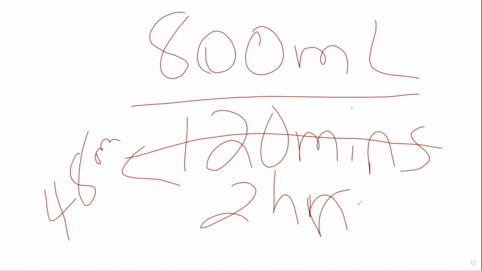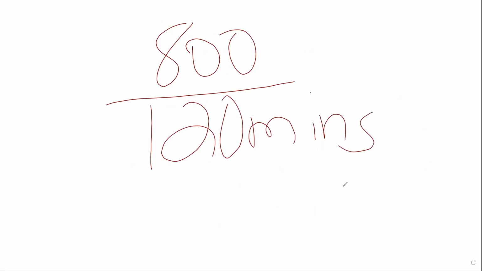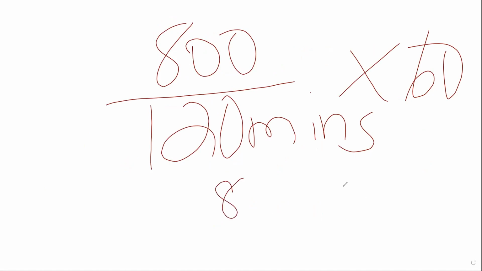So the easiest way to do this is 800 divided by the number in minutes times 60, that automatically converts. You'll get the same answer. Try it. 800 divided by 120 times 60, or 800 divided by 2 hours.